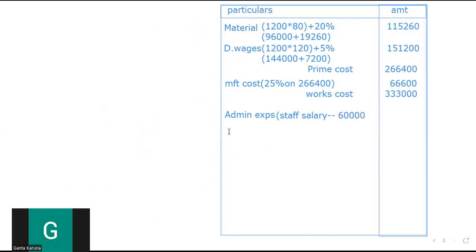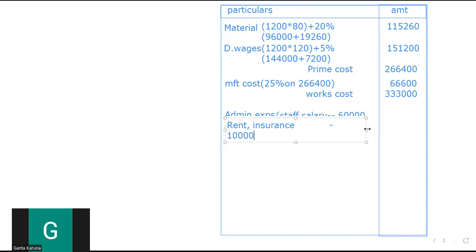After this, next we have rent and insurance. He gave us 10,000.